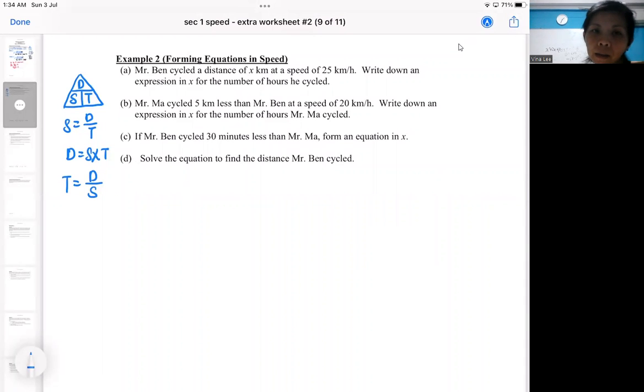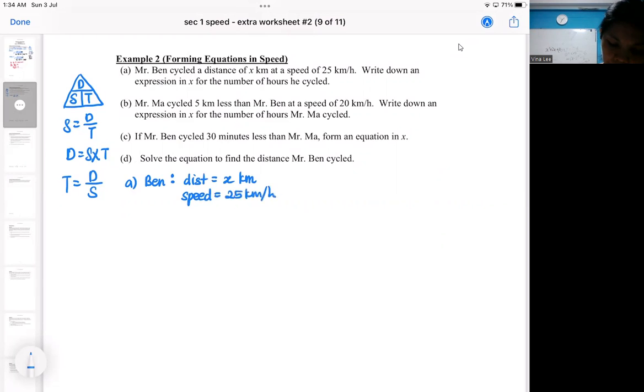For part A, we have Mr. Ben cycling a distance of X kilometers, and his speed is 25 kilometers per hour.